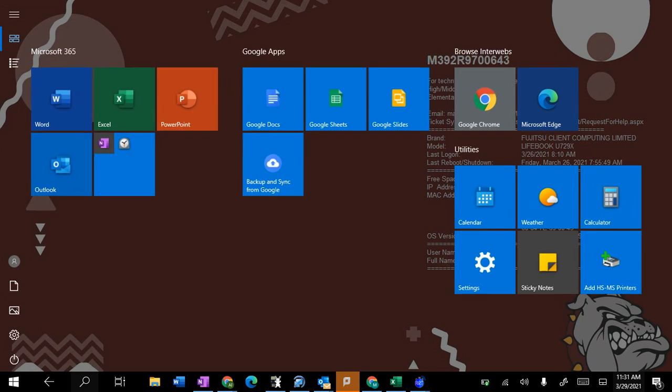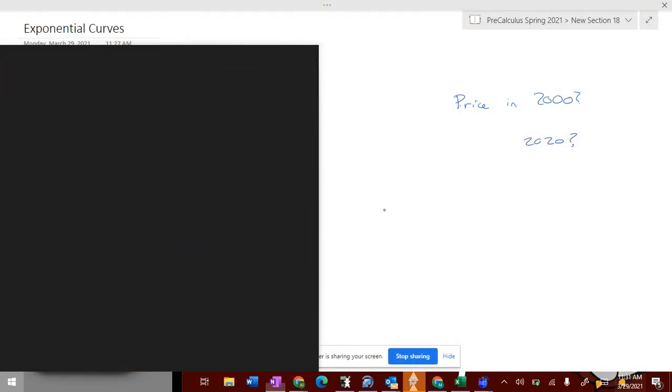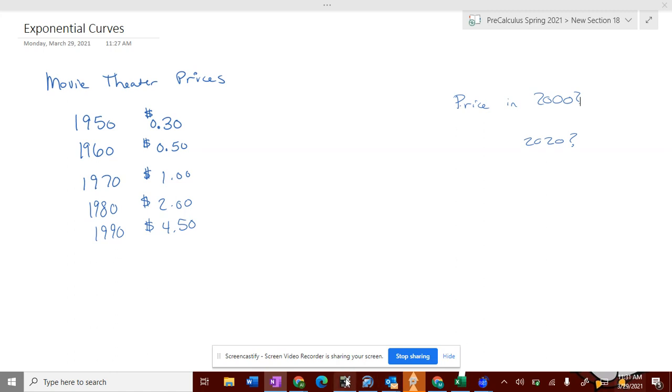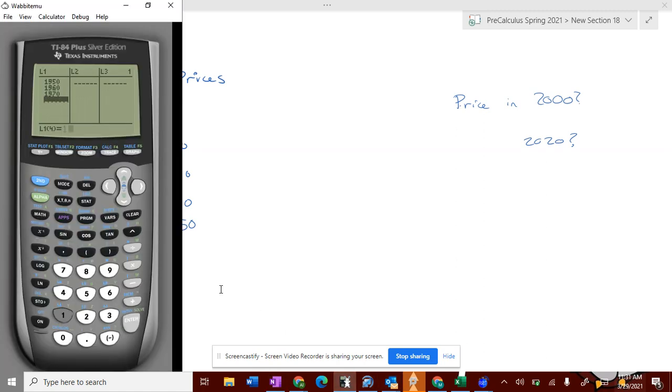Maybe if I flip it out of tablet mode, it'll work better. 1980, 1990. In 1950, it was 30 cents. Then 60, it was 50 cents. A dollar, then $2, and then $4.50. Okay? So you got the data in there.